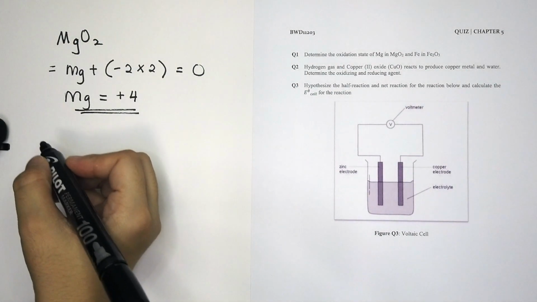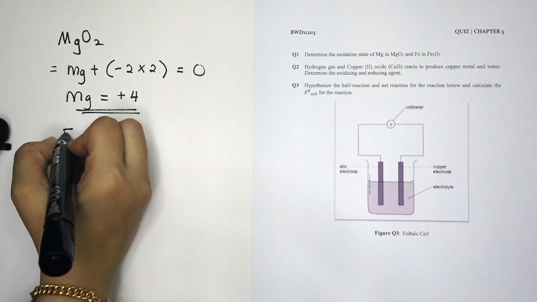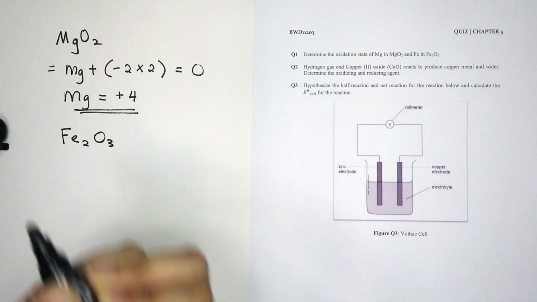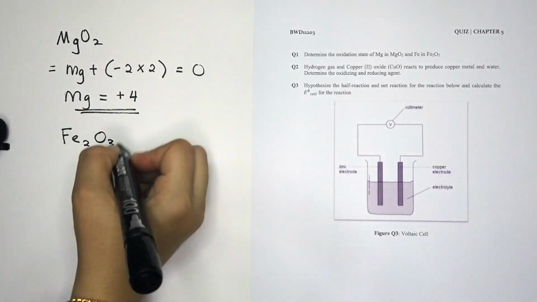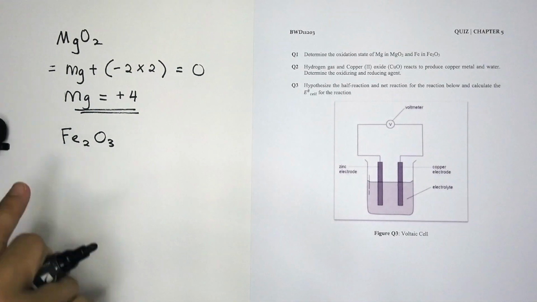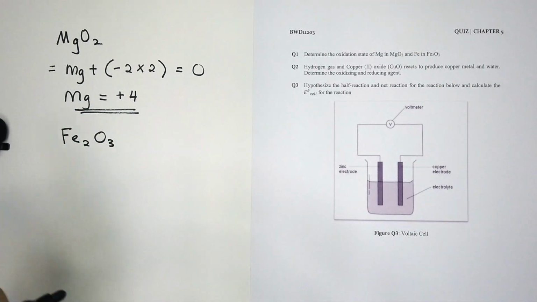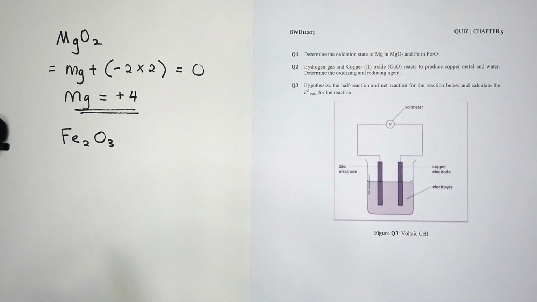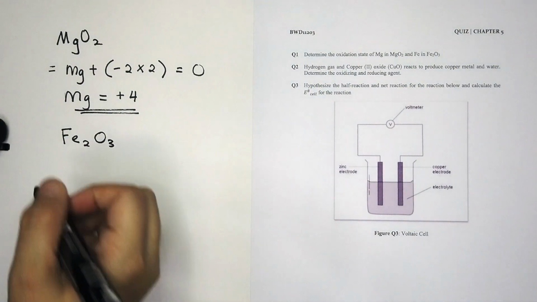Now moving on to the second one, Fe2O3. Same goes. Fe2O3 has no charge, which means the total oxidation state is 0. Since oxygen is being bonded to another element, it's still -2.